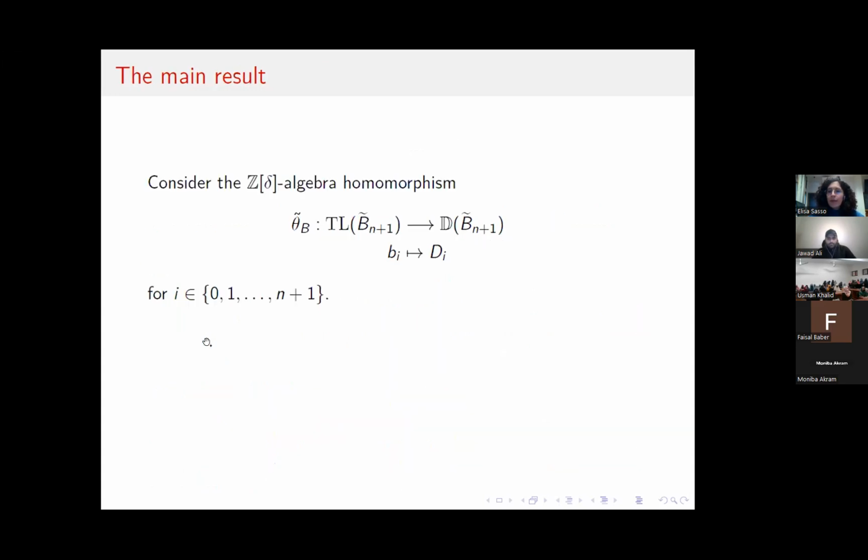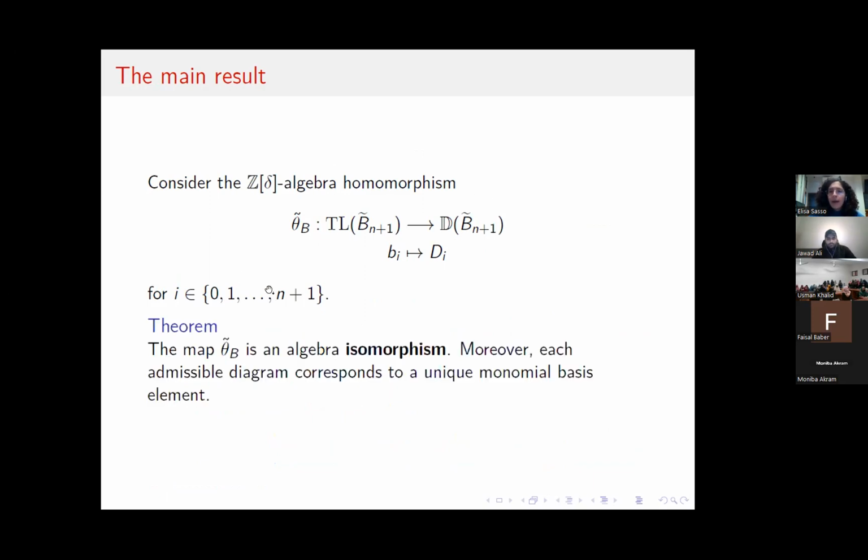Our main result was to show that this map, which is analogous to the previous one and sends each generator of the abstract algebra to one simple diagram, is actually an isomorphism. So it means that our representation is faithful. That is our diagrammatic representation of the temperley-Lieb algebra of type B tilde.